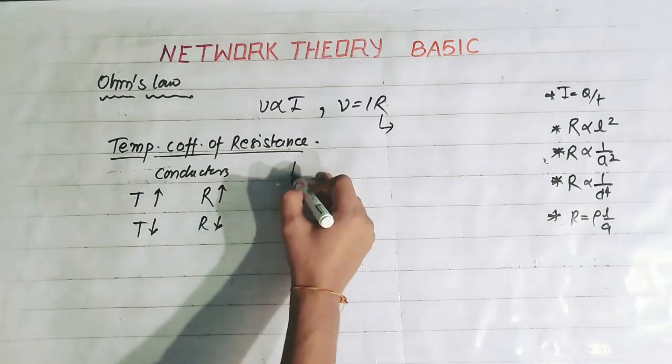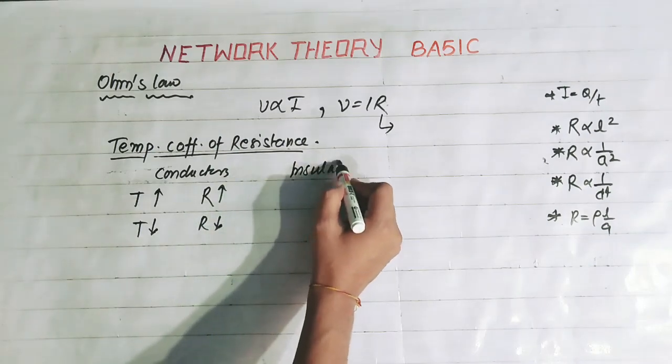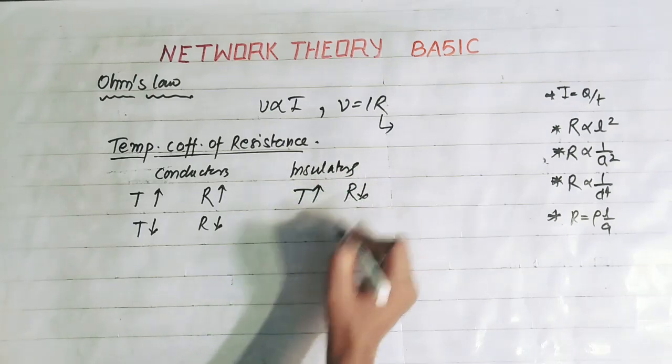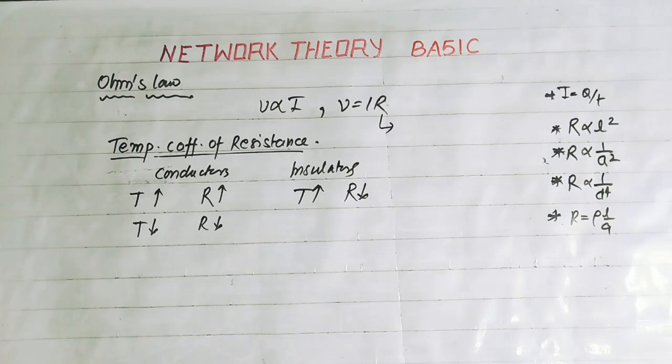While in case of insulators, if temperature increases, then resistance decreases. So we can say that the temperature coefficient of resistance is the relative change in resistance with a given change in temperature.